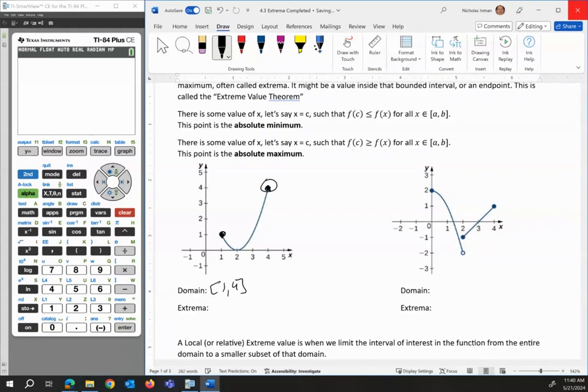This spot right here is our absolute max, and these are coordinates, so 4, 4. And our absolute min is right here, and that's 2, 0.